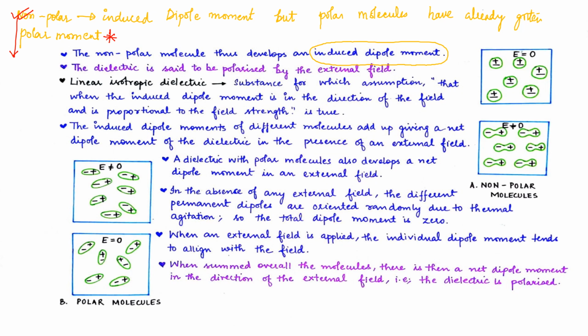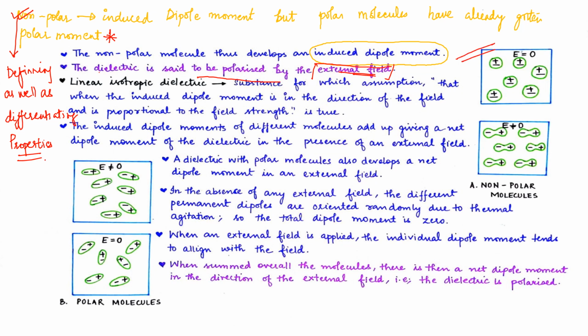Both of these have this as a differentiating property, so both have a little difference in their principle of working. Of dielectric molecules. The dielectric is said to be polarized by the external field. In this case, this dielectric is said to be polarized by external fields.